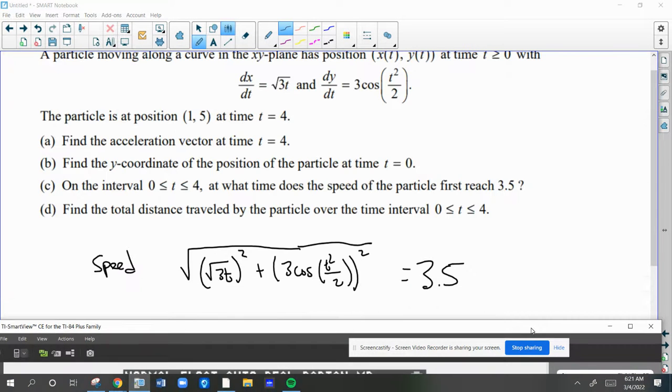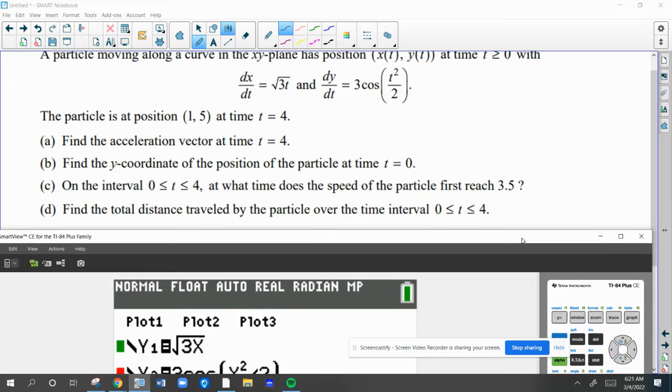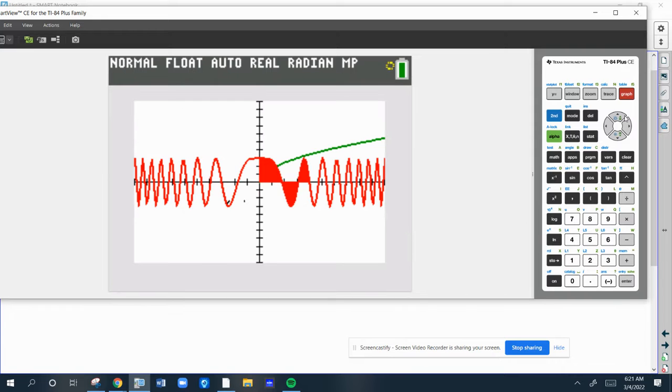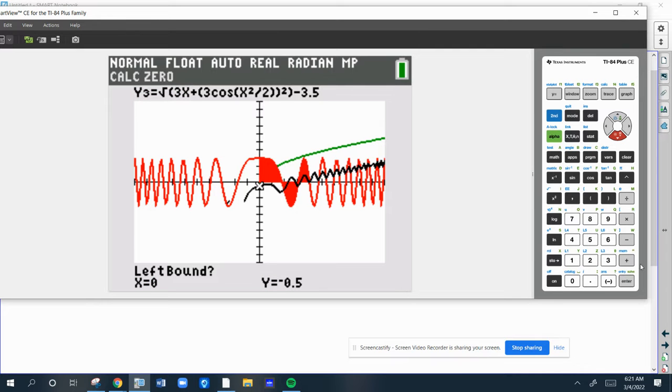That means the first time that this equals 0 from 0 to 4 will be the answer. And it's right about here. So I'm going to calculate that zero, second calc, zero, choose the right graph, y3. Left bound is good here.